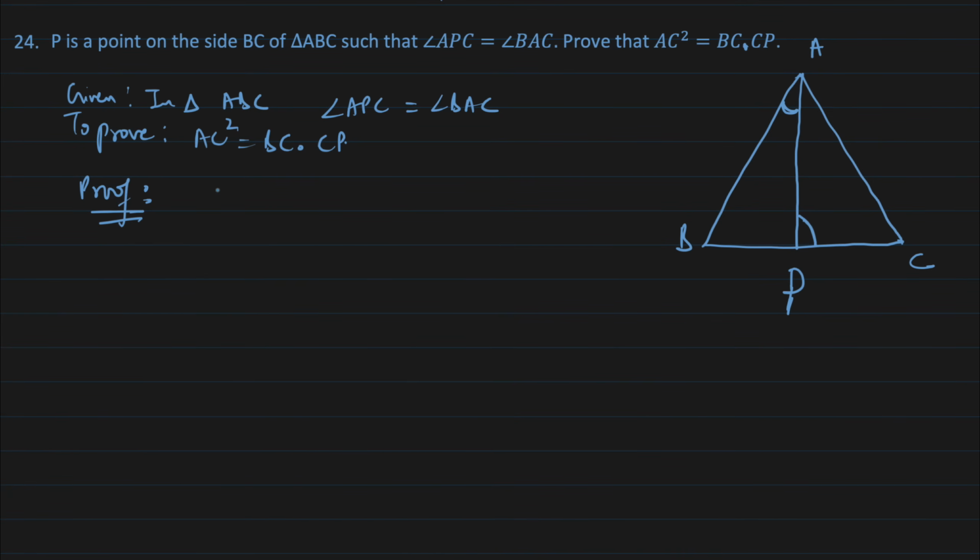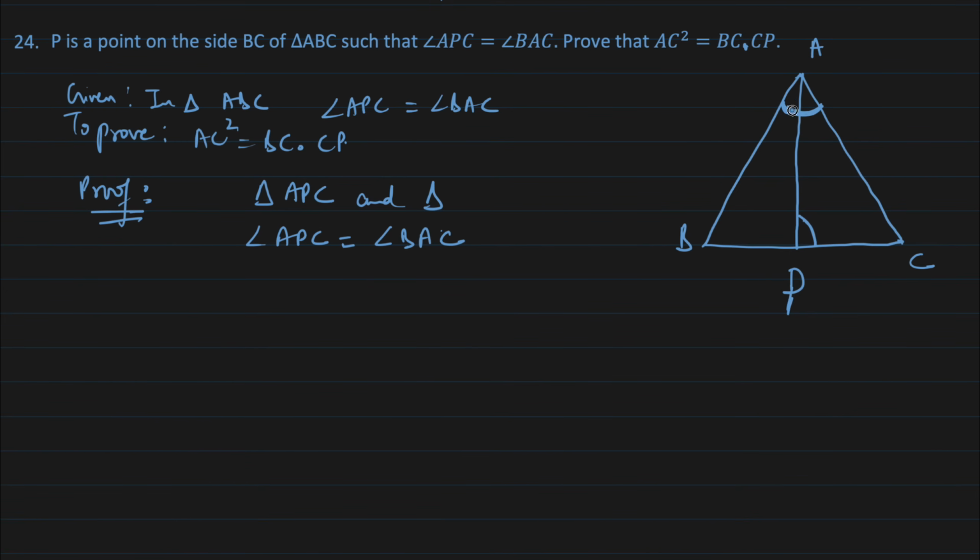Now 2 triangles I'll consider here. If you see angle APC, I'll first write what is given. Angle APC equals angle BAC, right? And what else is there? You have angle C common, right? In both the triangles, angle C is common. So I'm using triangle APC and triangle BAC.